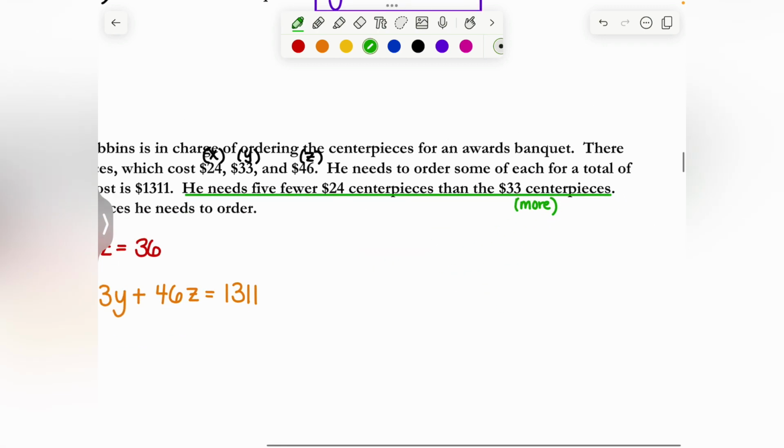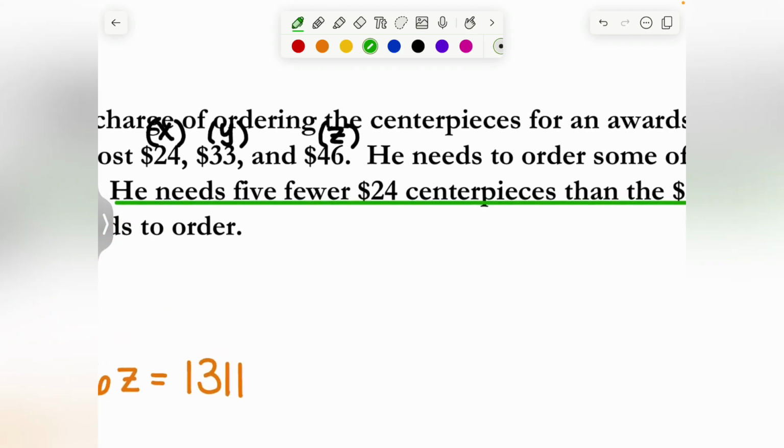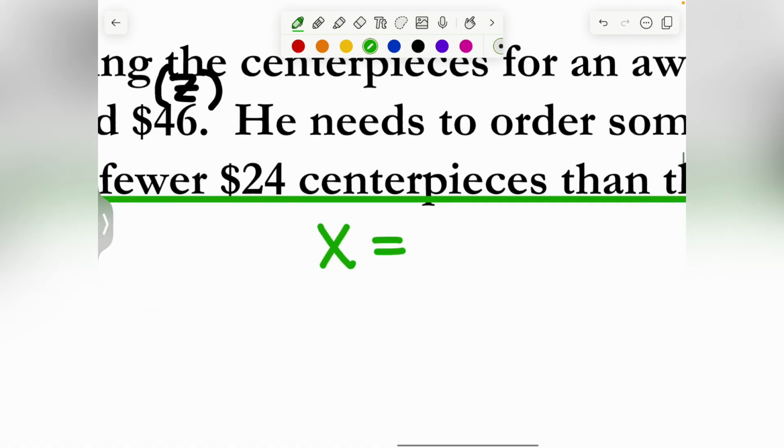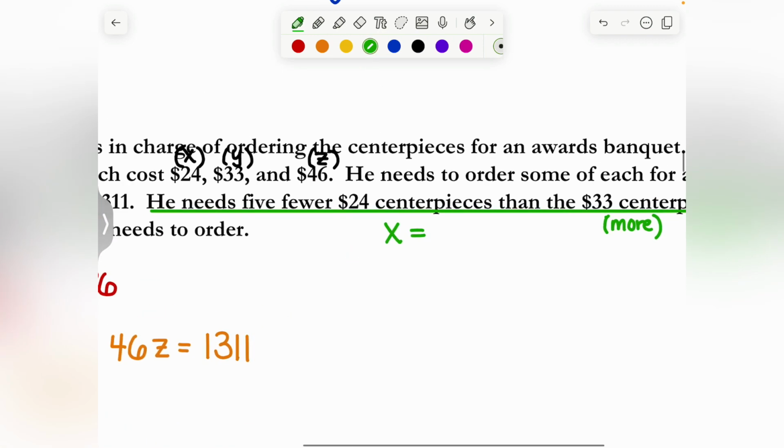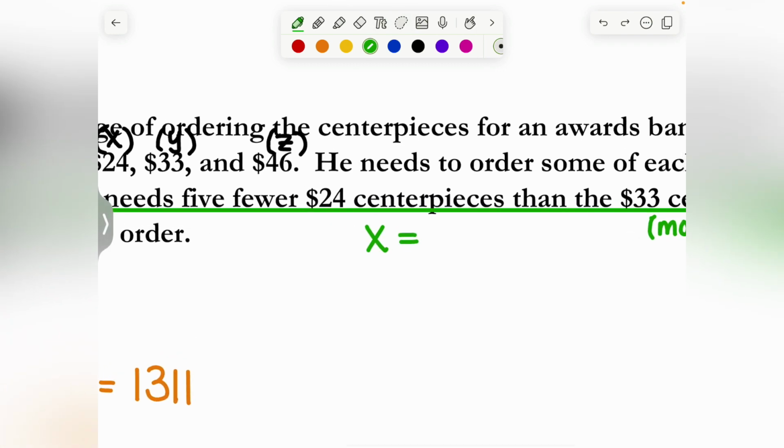There are more of the $33 centerpieces than the $24 centerpieces. The $24 centerpieces are X. There are a couple of different ways we could think of it. We want to take the $33 centerpieces and subtract 5 of them. That'll give me how many $24 centerpieces there are. So 33 is Y, and then we're going to subtract 5.